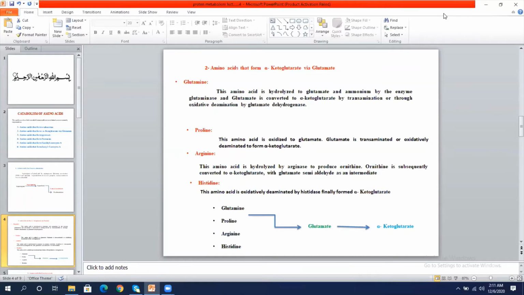Histidine is oxidatively deaminated by histidase and finally forms alpha ketoglutarate. Collectively, the reactions of glutamine, proline, arginine, and histidine in conversion to glutamate, and finally to alpha ketoglutarate, are presented on this slide.